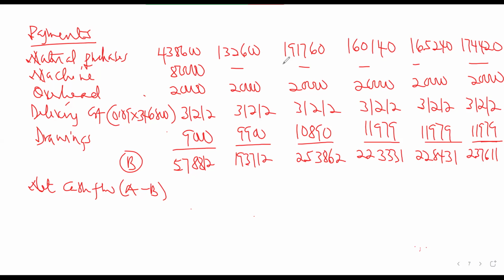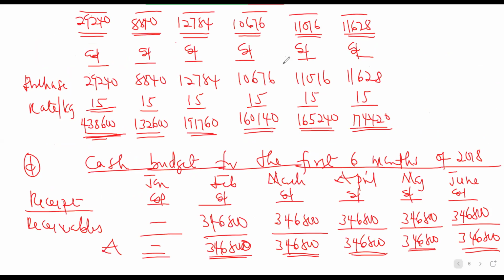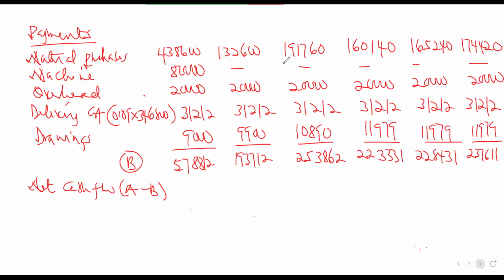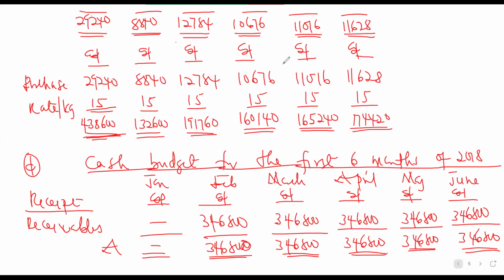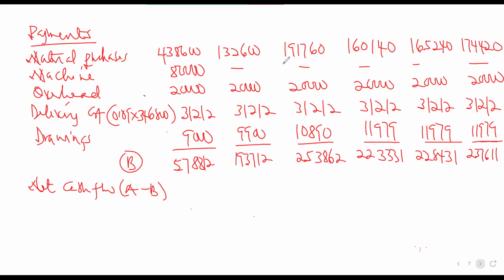So let's now look at the difference, A minus B. We have 346,800 minus the total payment of 578,812. I'm having a negative of 232,012. Okay, so we have the opening cash balance, if there is any, and the question has given us that.